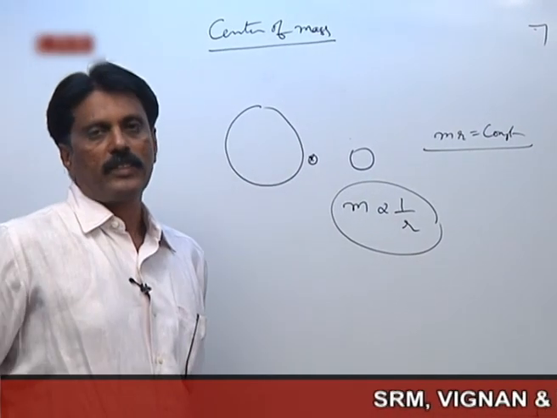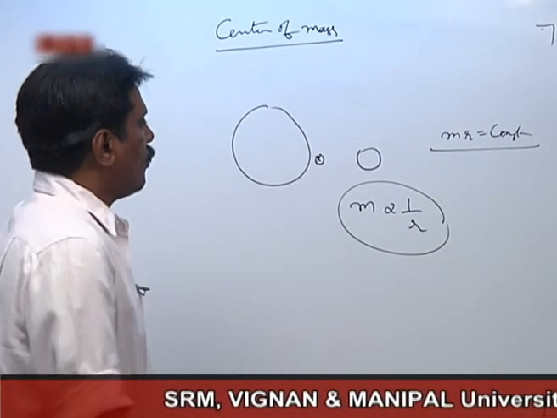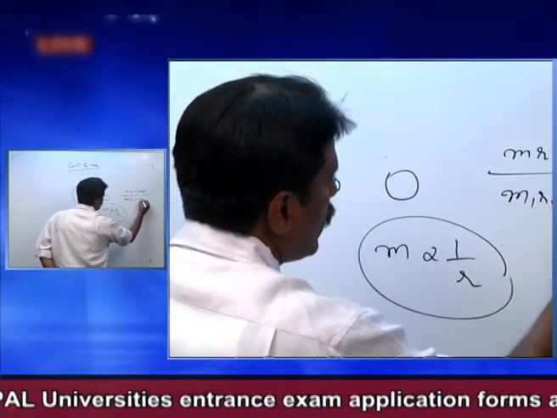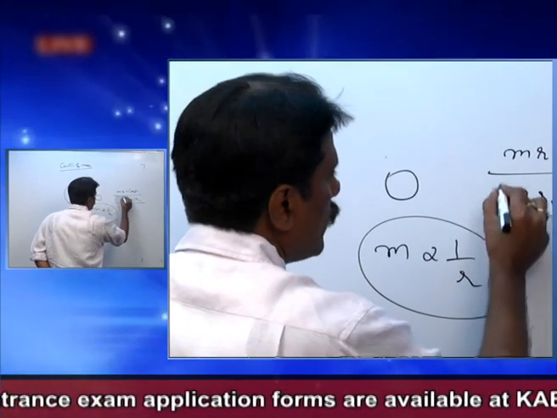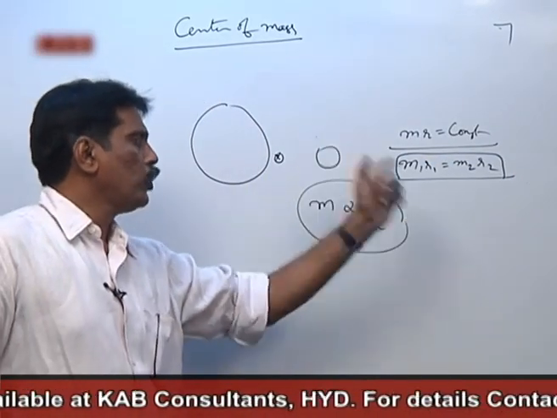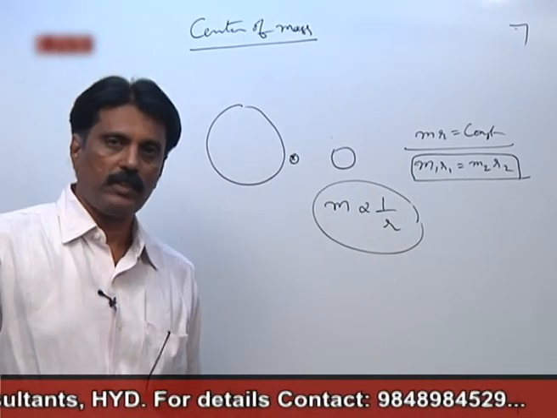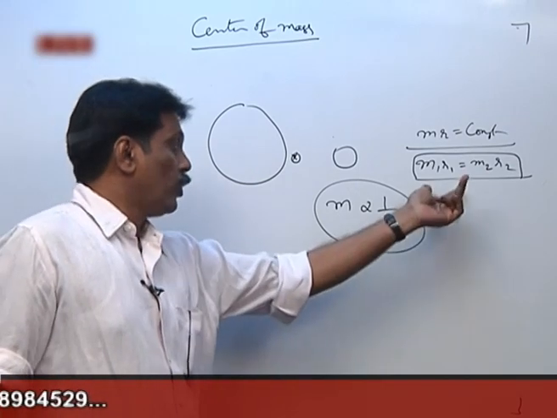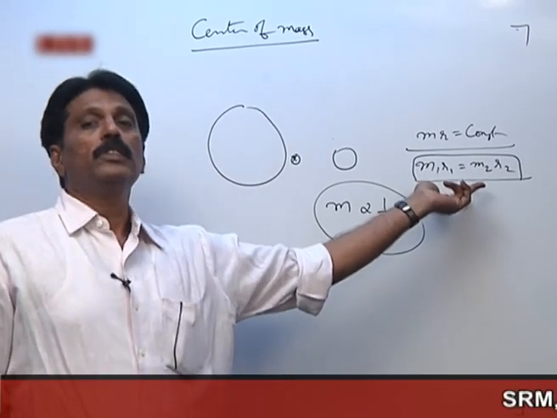From this we can also write m1 r1 is equal to m2 r2. So, this is a very useful relation in center of mass. I am using it very frequently and you will find it more interesting to know this relation.